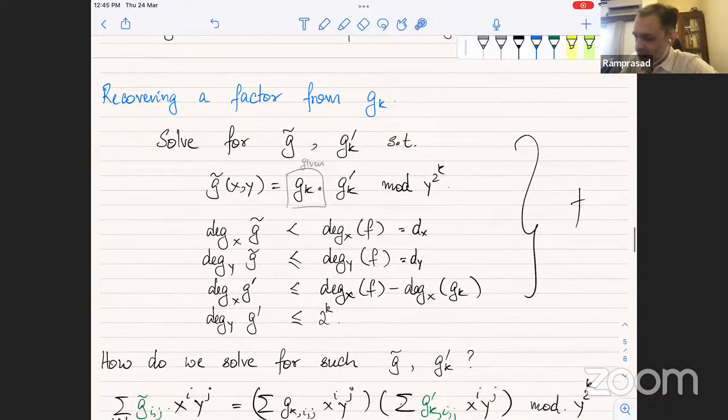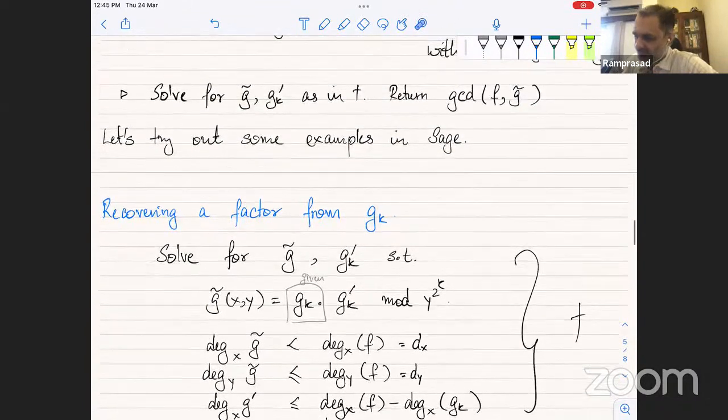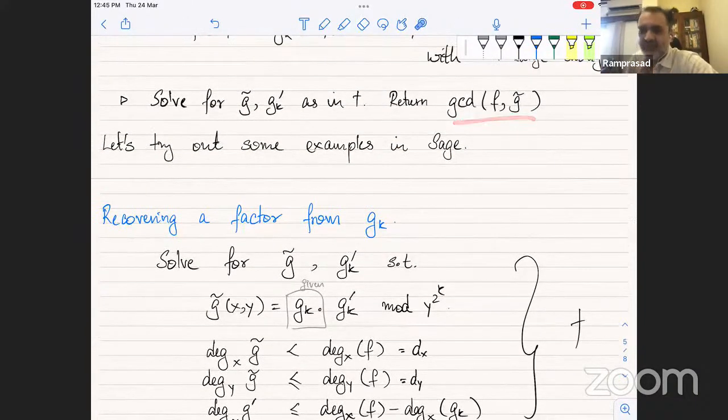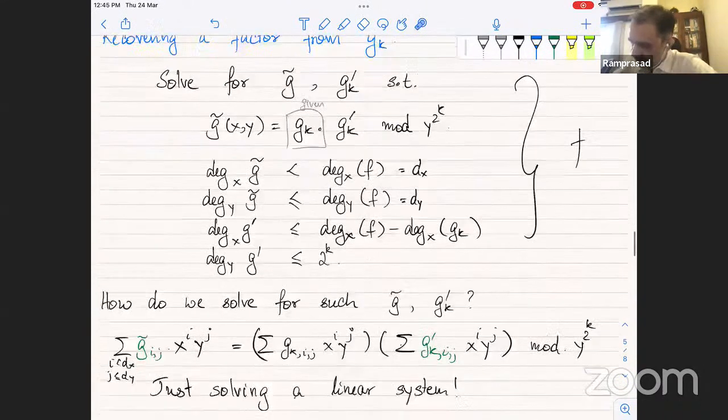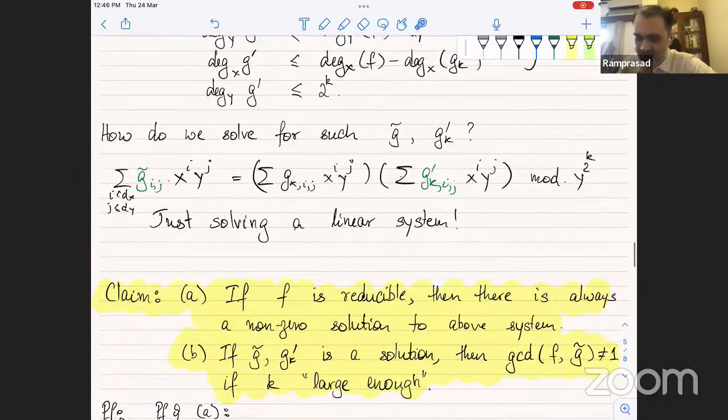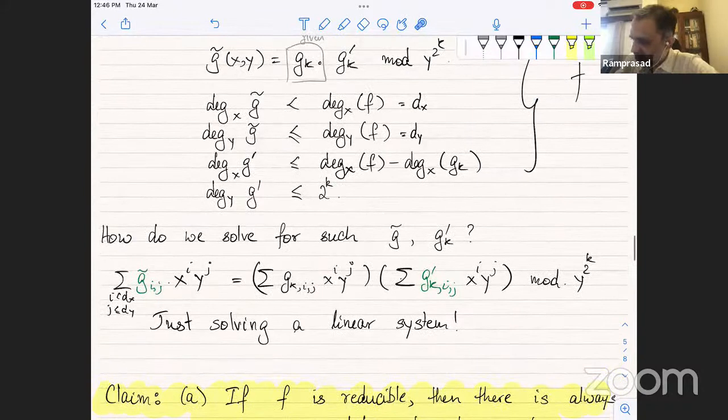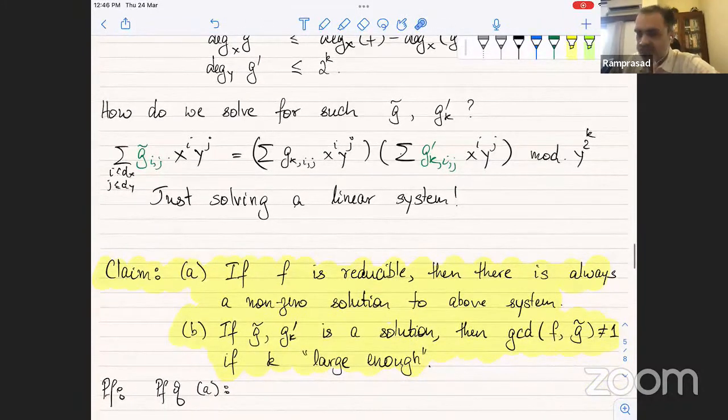We are going to try and solve for this g tilde and gk prime. And we had morally convinced ourselves that any g tilde that we find must somehow be a factor of f. It may not be exactly a factor of f, but it will certainly contain a factor of f, so you can take a GCD. What we want to show, to prove this particular claim, is that if f is a reducible polynomial, then the above dagger always has a non-zero solution.